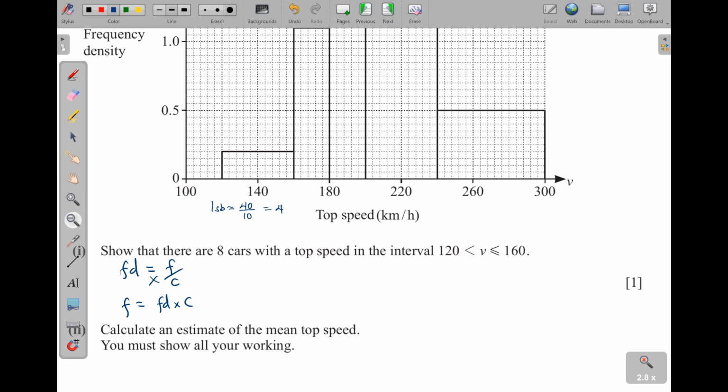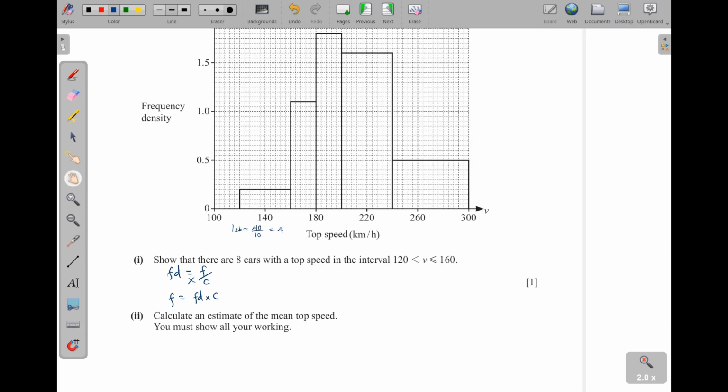That means we are going to have the frequency here. Our frequency is going to be equal to the 40, then times the frequency density. One small box here is equivalent to, they are adding on every now and then 0.5, but there are 10 small boxes in there, which is 0.05. So how many are they?